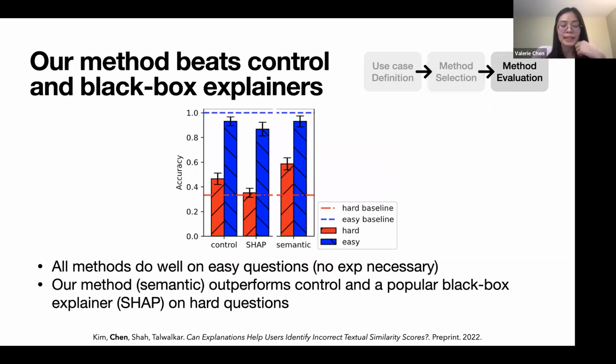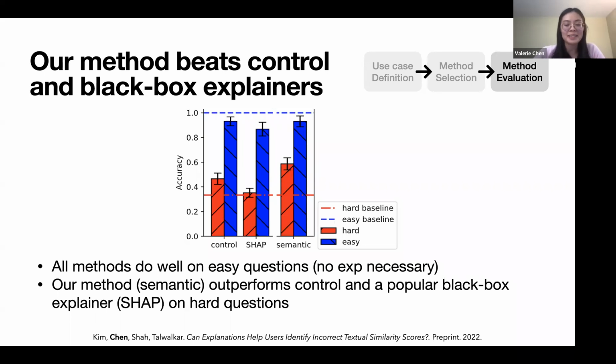And what we find, at least in the proxy task, is that for difficult questions shown in red, our method does better than the control setting where there are no additional highlights shown to the user, but specifically finding that black box explainers don't necessarily work. In fact, they make people worse on these difficult questions. And by difficult, we categorize that as questions where you can't just look at the score, as the highest scoring one is not actually the best answer.